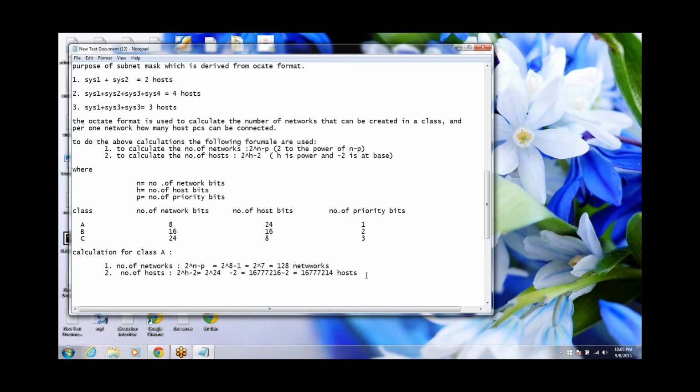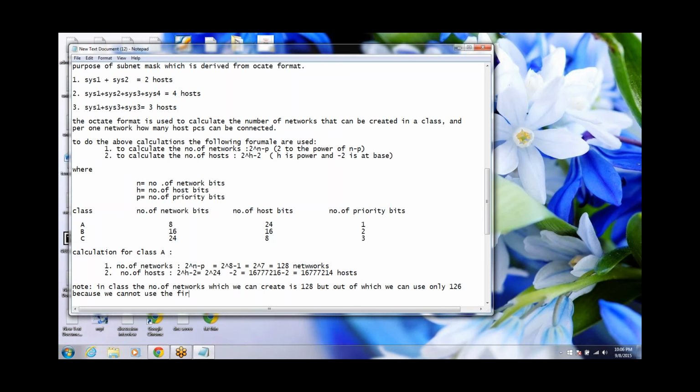Now in class A we have 128 networks, but we cannot use all of them. Note one thing: in class A, the number of networks which we can create is 128, but out of which we can use only 126, because we cannot use the first and the last one.